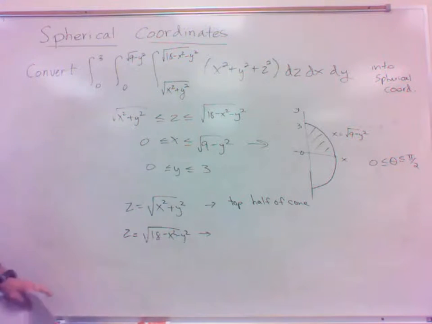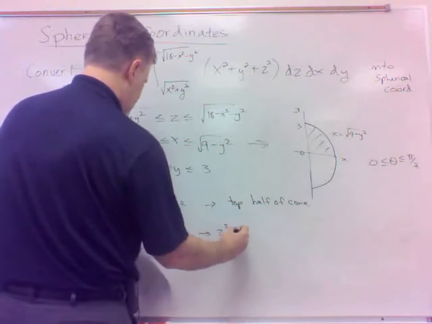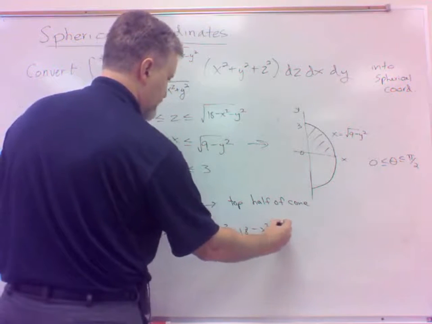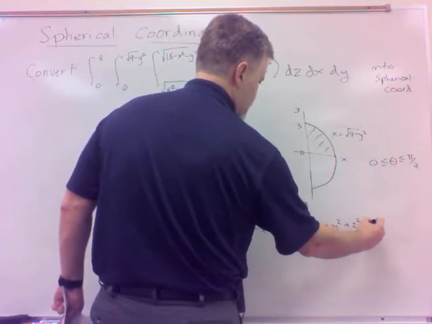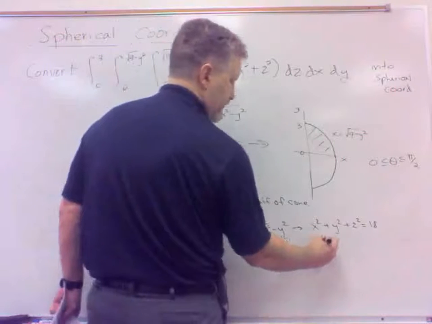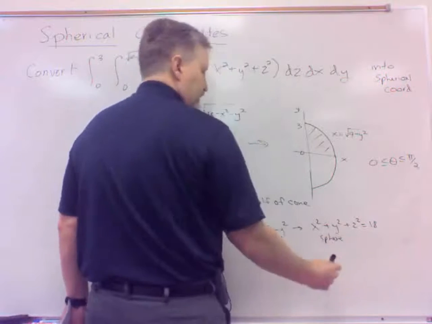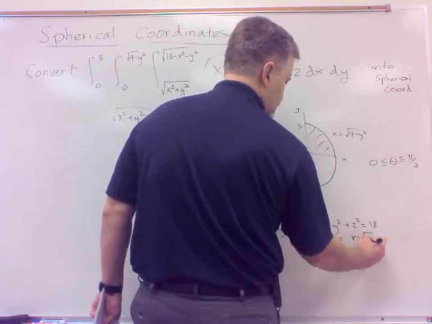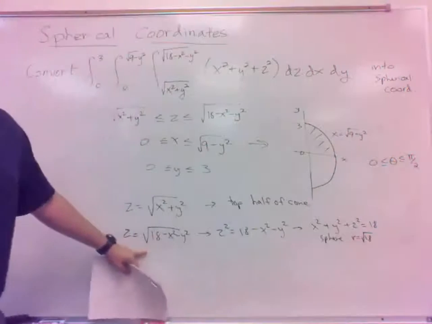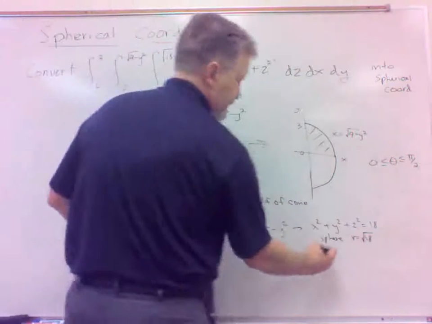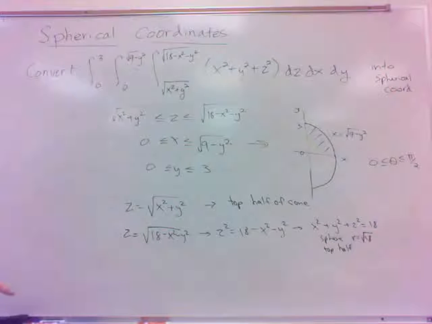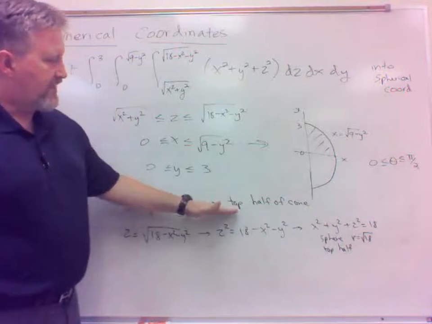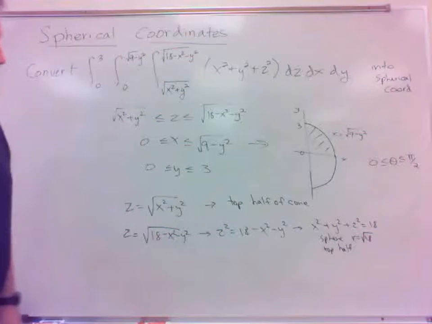Well, if you square both sides, you get z squared equals 18 minus x squared minus y squared, which is x squared plus y squared plus z squared equals 18. And so there we're talking about a sphere, radius square root of 18, centered at the origin. And since we're taking the square root, that's the top half of a sphere. So basically we're integrating from the top half of a cone to the top half of a sphere.